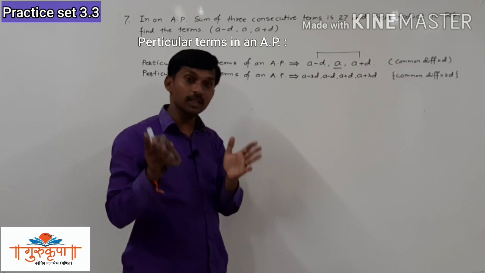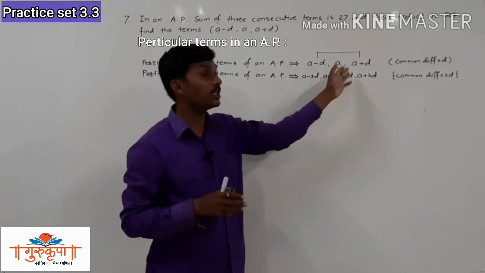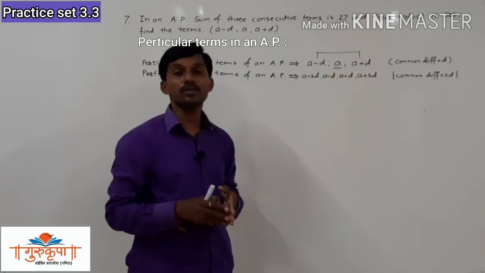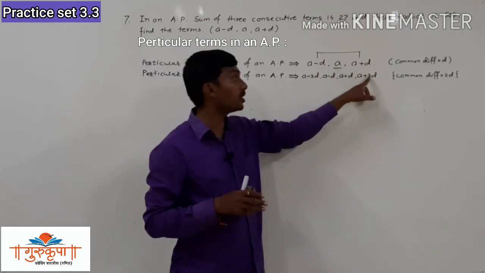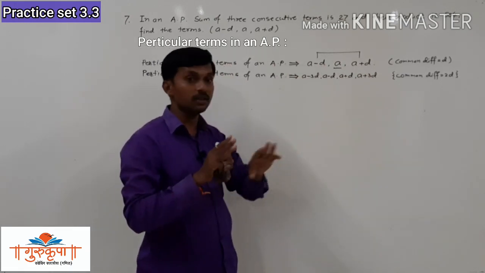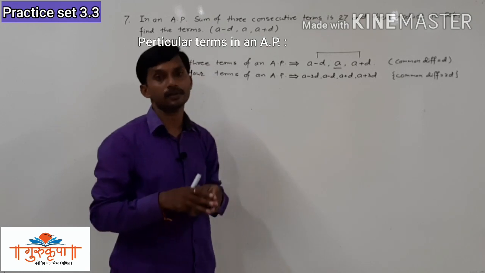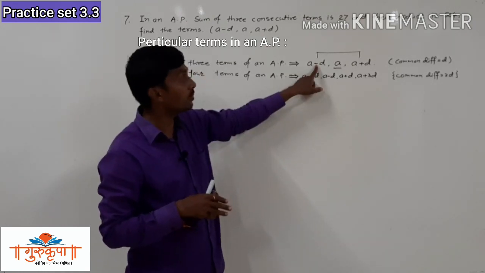Here again you have to remember carefully, the first two terms are negative and the last two terms are positive. Sometimes students make mistakes, they write a plus 3d here and a minus 3d here, that is wrong. If you write like that, then the answer is definitely incorrect. So you have to remember that also.